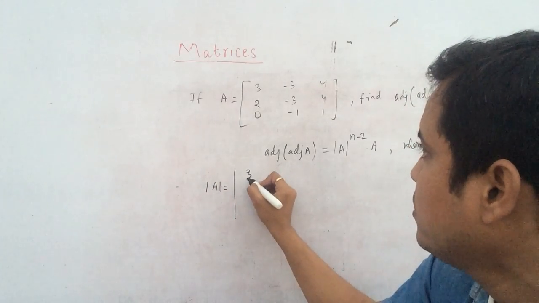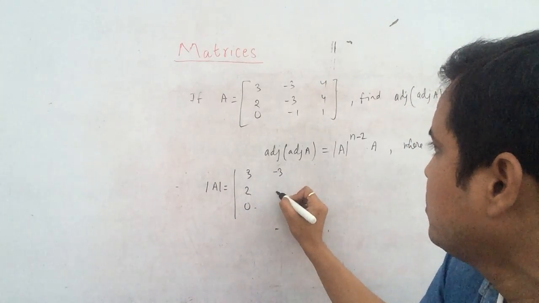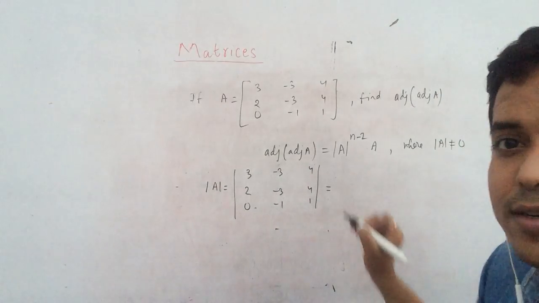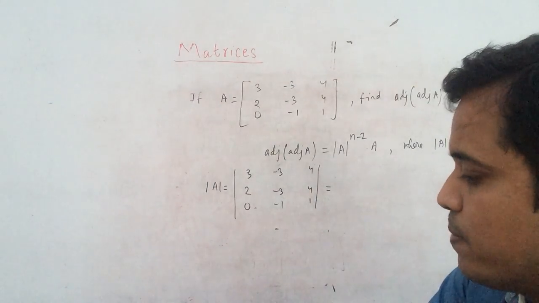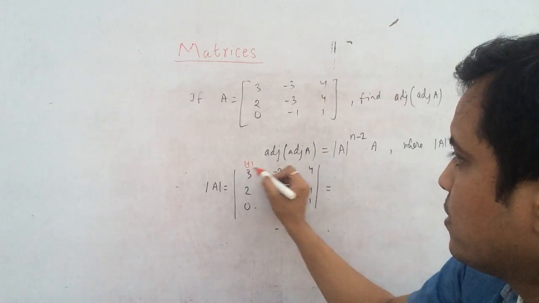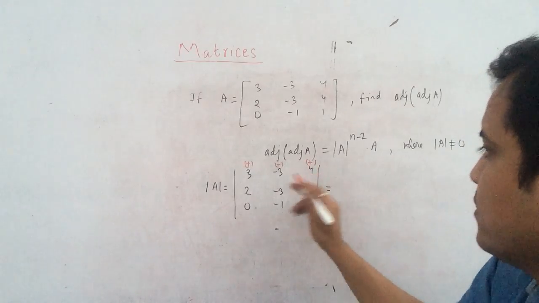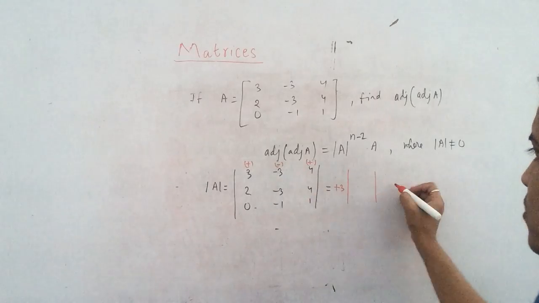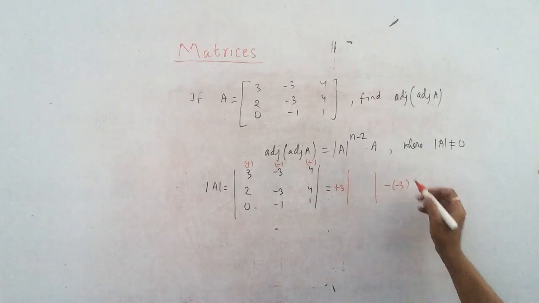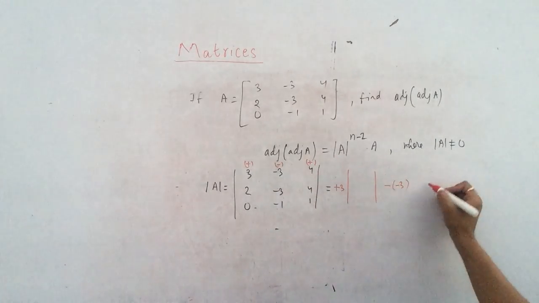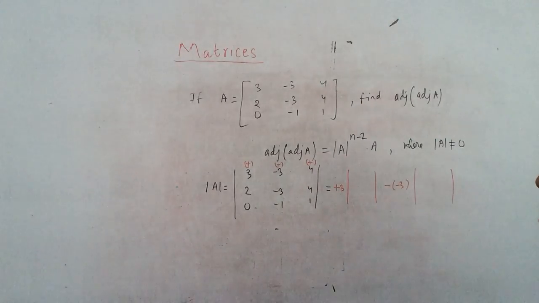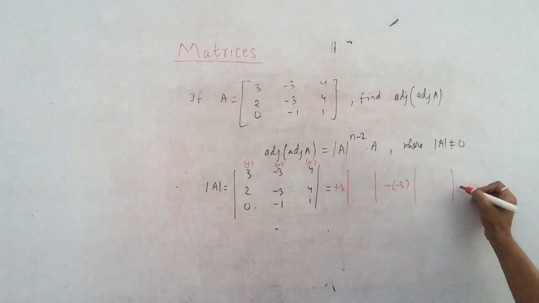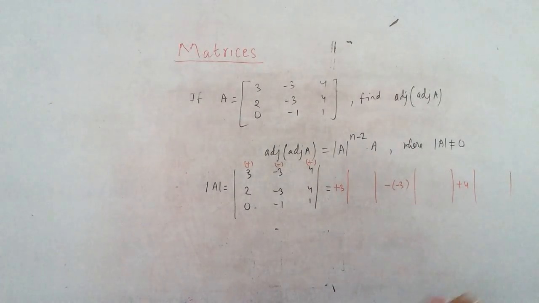Okay, so 3, 2, 0, minus 3, minus 1, 4, 4, 1. How do you find the determinant? You have to write here positive, negative, and positive. All right. So first start with positive 3. Then here negative of negative 3, and positive of, then make a 2 cross 2 determinant. Plus 4, make again a 2 cross 2 determinant.